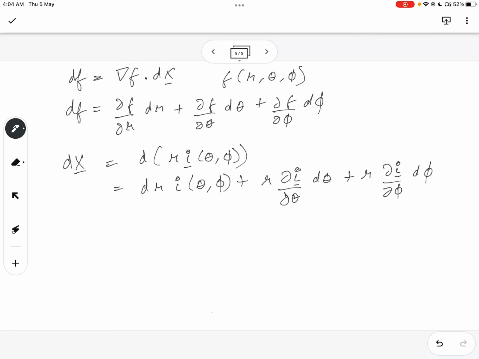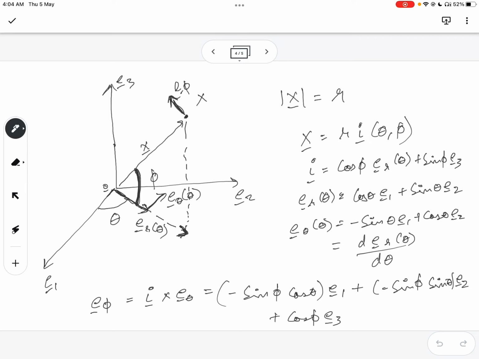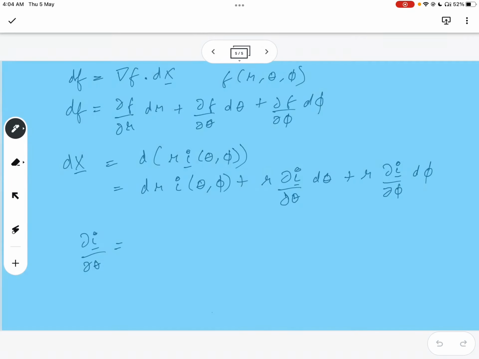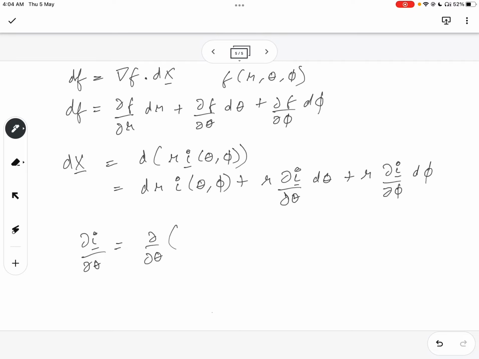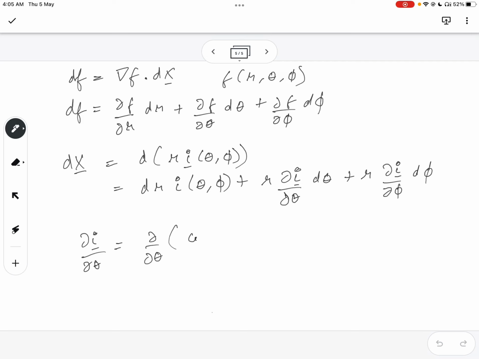Del I by del theta is, so I is cos phi e r theta plus sin phi e3, and del by del theta of this is nothing but cos phi e r dash theta.